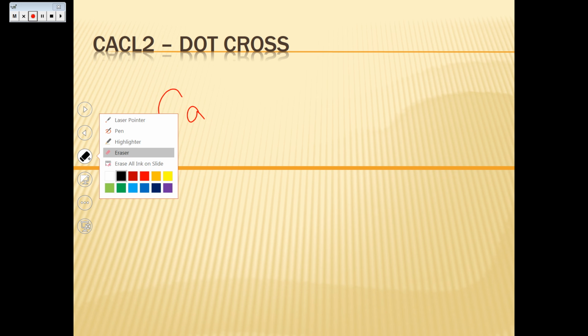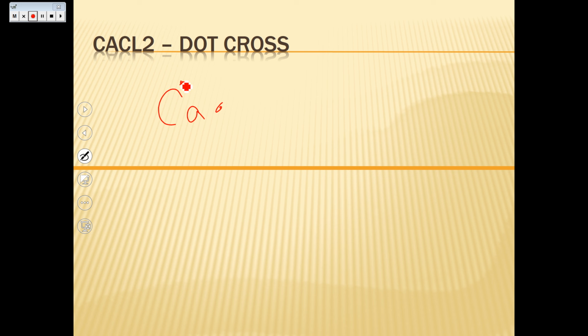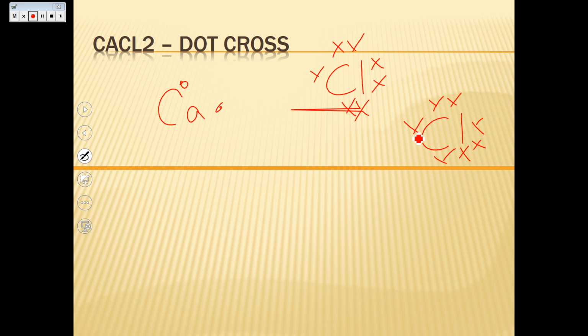Let's take a look at the dot cross for this. So calcium has 2 valence electrons. Chlorine has 7. And the other chlorine here has 7. So one of those electrons is going to go here from calcium, the other one is going to go here.